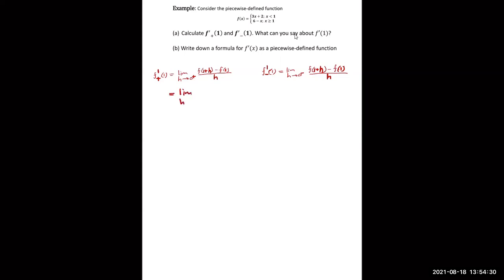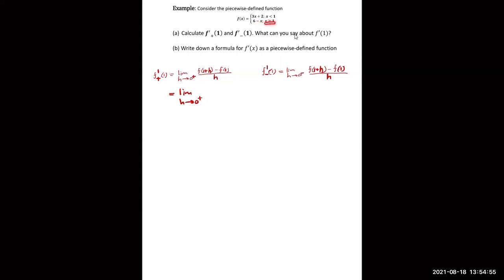Let's find that. This is equal to the limit as h approaches 0 from the right-hand side of f of 1 plus h. How do you find f of 1 plus h? When h approaches 0 from the right-hand side, this quantity is bigger than or equal to 1, right? If this quantity is bigger than 1, this is the right piece of function.